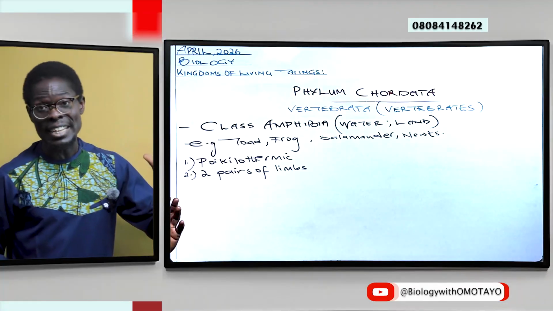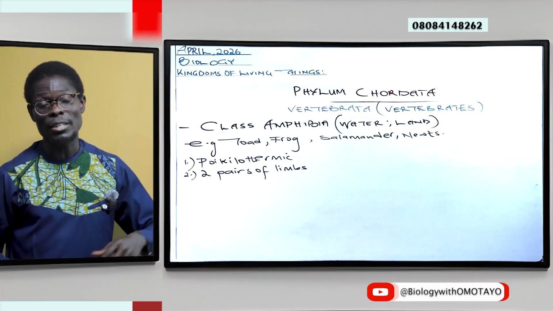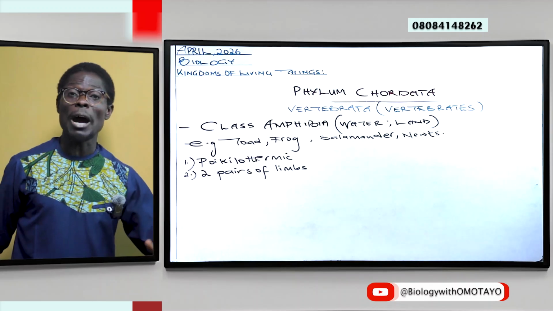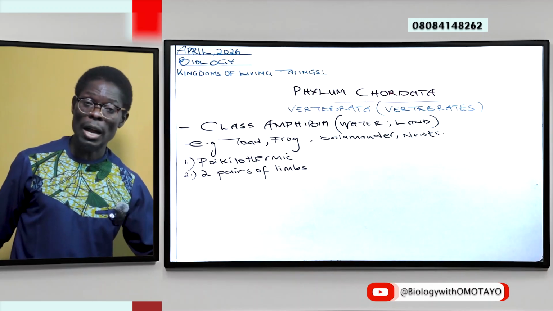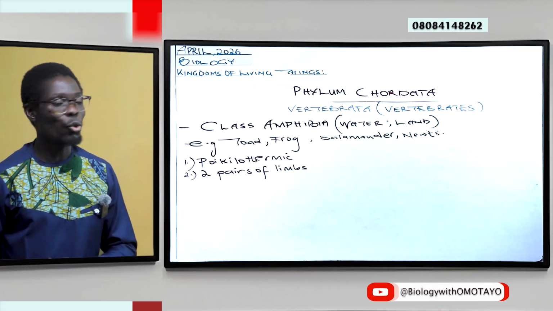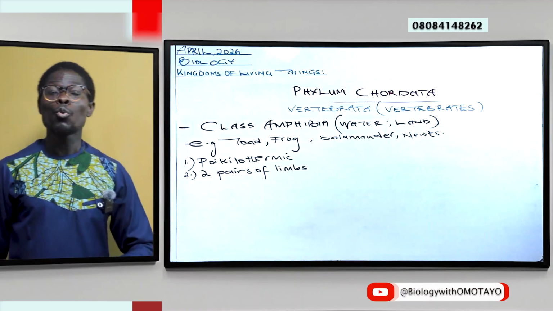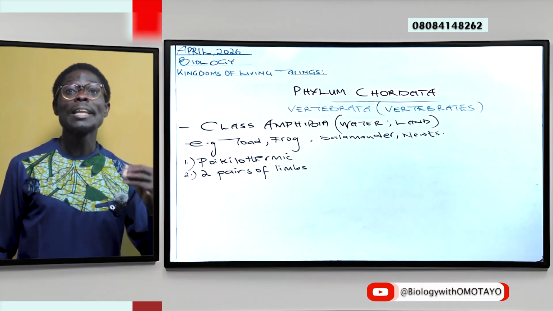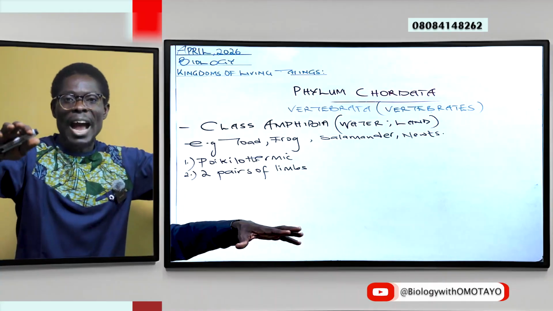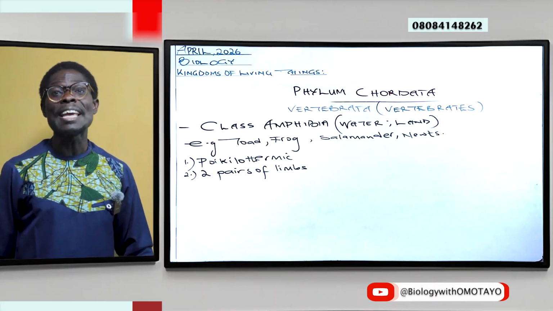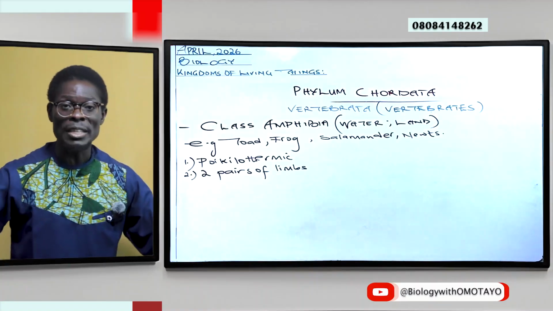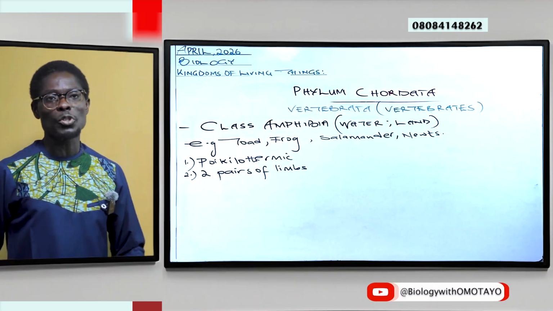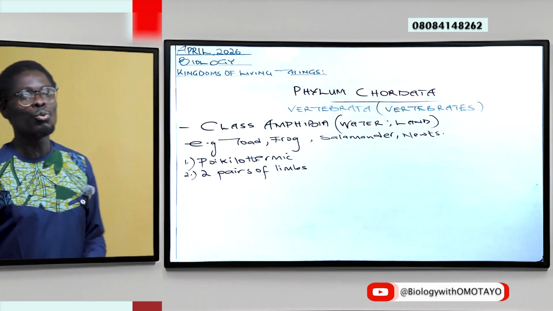Unlike the earlier discussed class, Pisces, where rather we were talking about fins, dorsal, caudal, pectoral, anal, and so on. Here rather we are talking about limbs, forelimbs and hind limbs. Usually aids movement either by hopping, by swimming since it is webbed, or even sometimes to take a little walk.